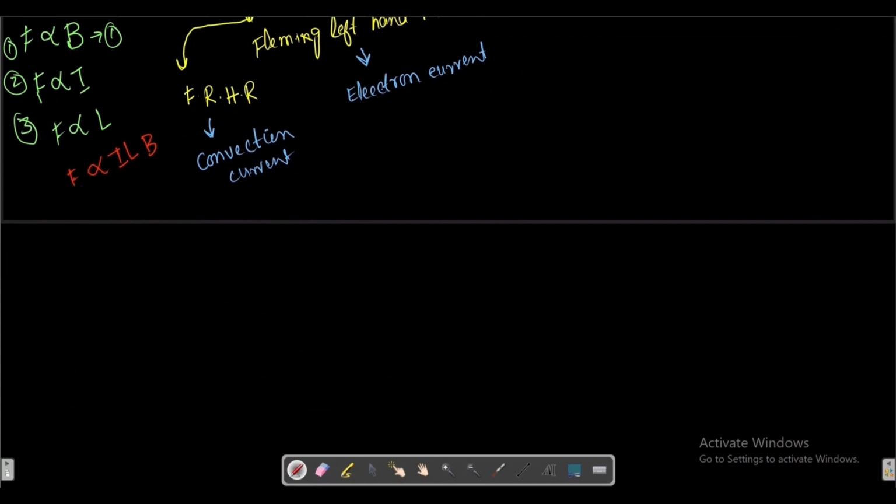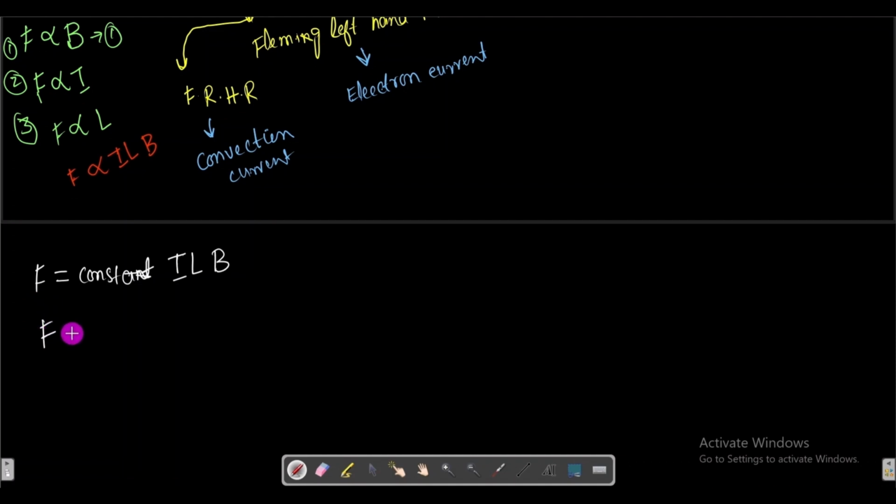So from here we can write that instead of this proportionality sign, we will write the equal sign and a constant. Instead of this proportionality, we write equal and constant, and this I L B comes in its own position.